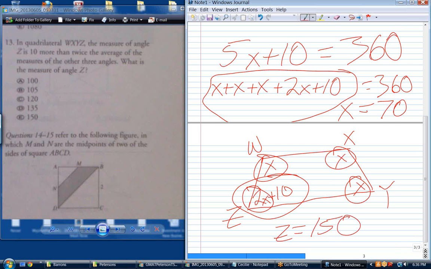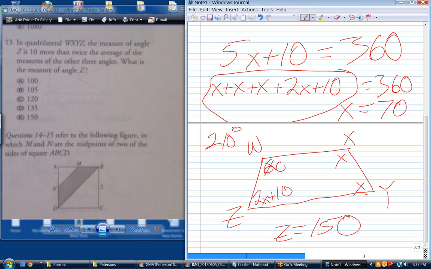And let's just go backwards here, just to make you comfortable that we didn't cheat by assuming the other three angles were equal. If Z is 150, what's the sum of the other three angles? 210. Exactly. And notice that it doesn't matter if x is equal to x is equal to x.